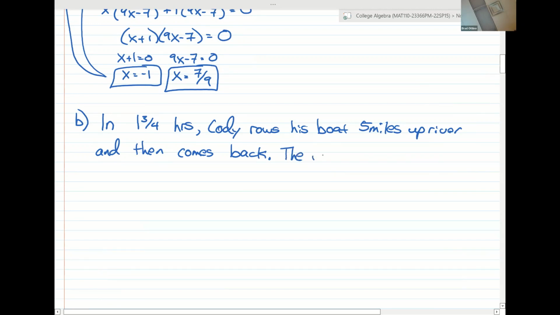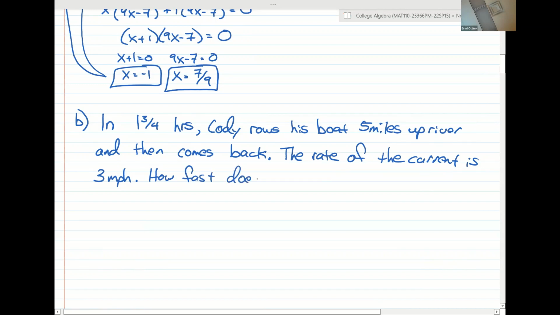The rate of the current is 3 miles per hour. How fast does Cody row?